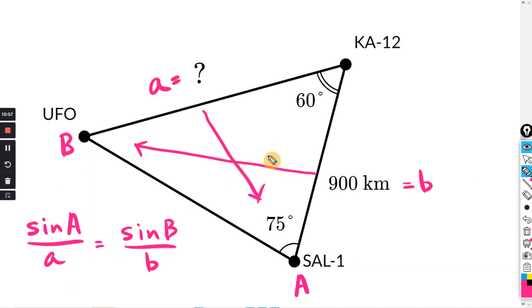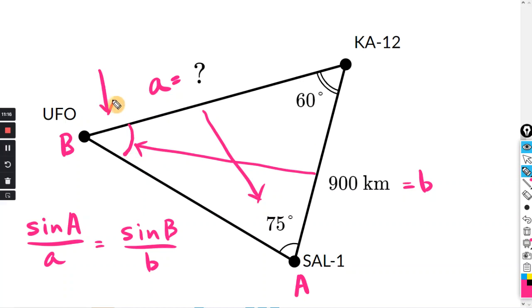Okay? Now, you're probably saying, well, if we need this angle and it's missing, how are we going to use that? Well, we do have two angles, so we can easily find the third. Recall that the angles inside of a triangle add up to 180. So we just have to subtract these two from 180.